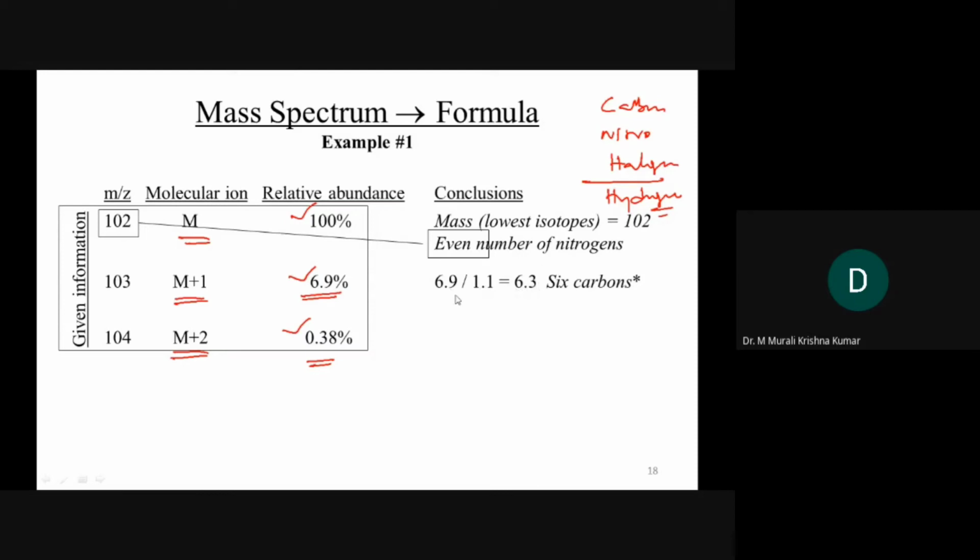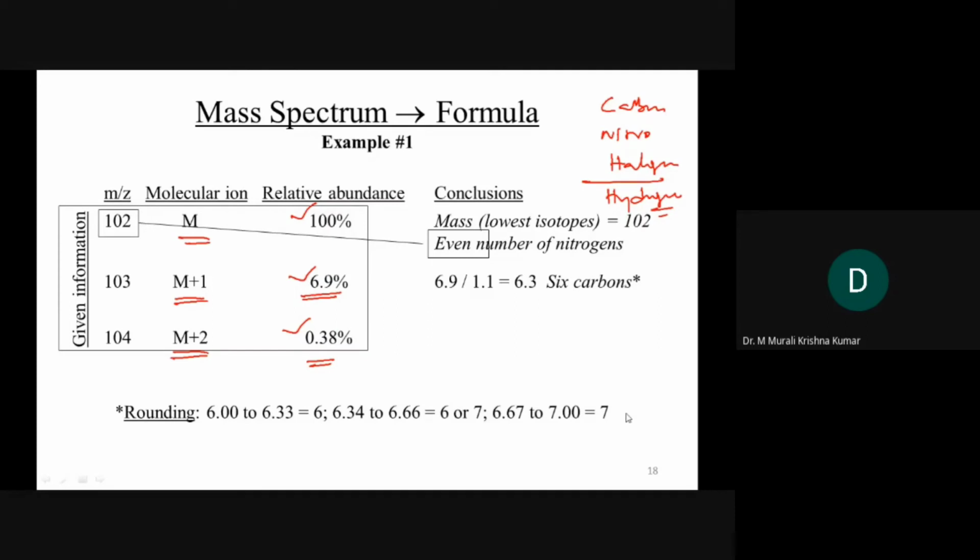So 6.9 by 1.1 is approximately 6.3. If you round it off, it can be 6 carbons. So there is a possibility that you can have 6 carbons. Usually in mass spectral analysis, 6 to 6.33 we round off to 6, and 6.34 to 6.66 we presume that it is either 6 or 7.